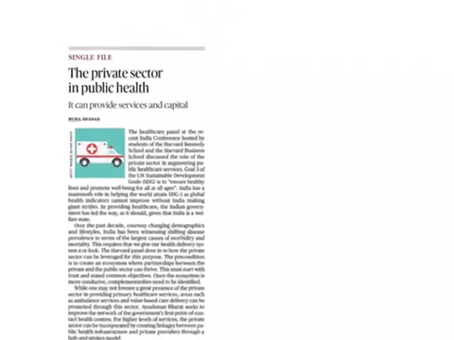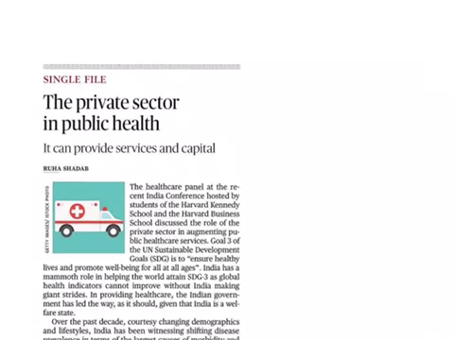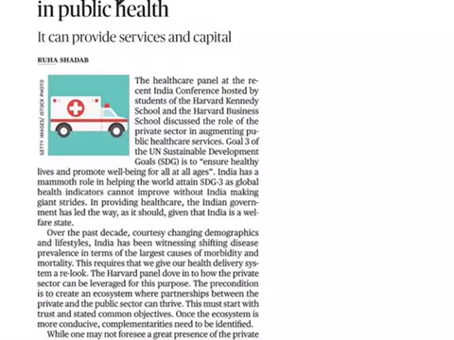The next article is the private sector in public health. This article comes under GS paper 2 under the topic of governance and the subtopic here is issues related to health. From this article, we can see what is meant by this sustainable development goals. First of all, we should know what is the concept of sustainable development.